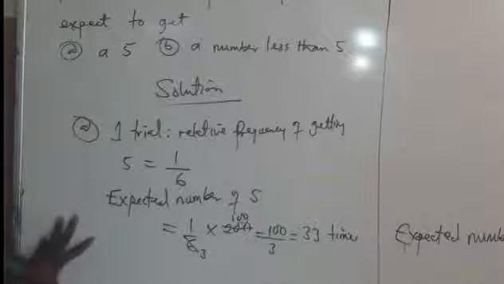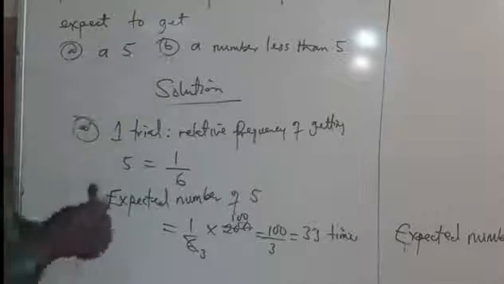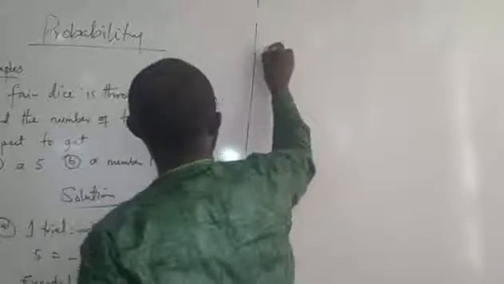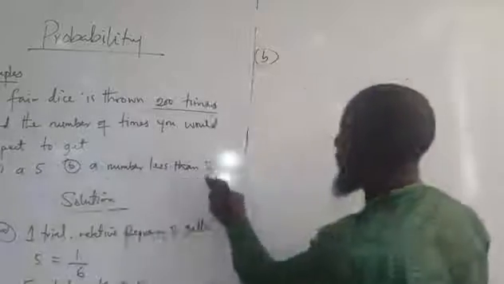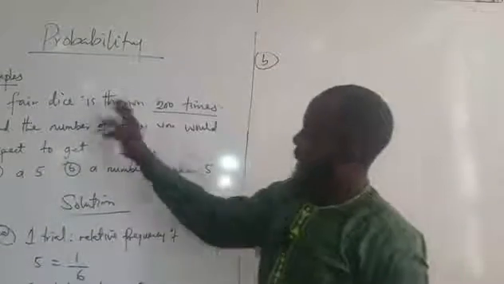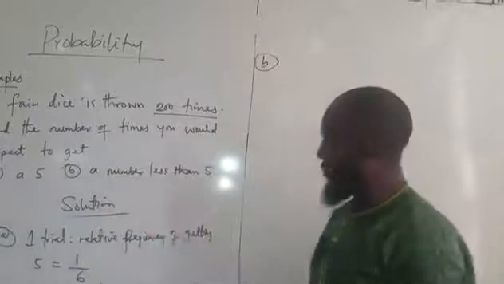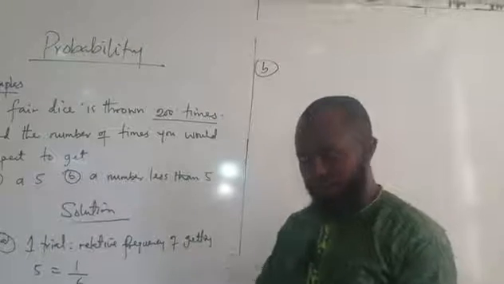Then the B part is a number less than 5. What are the numbers that are less than 5? 4, 3, 2, 1.